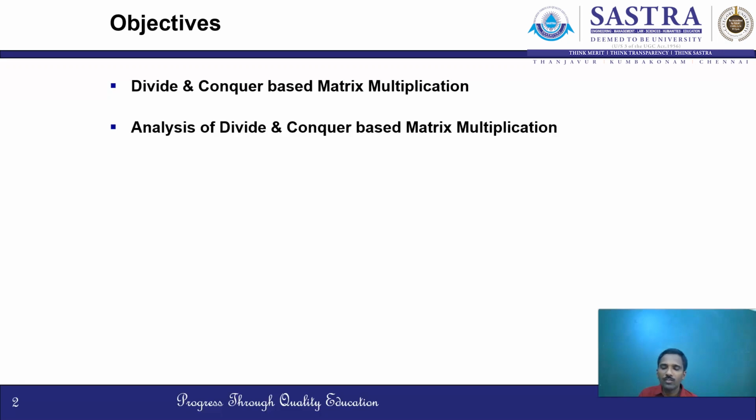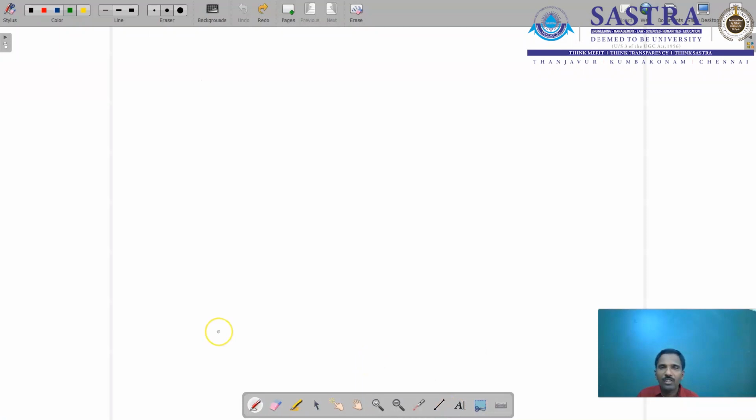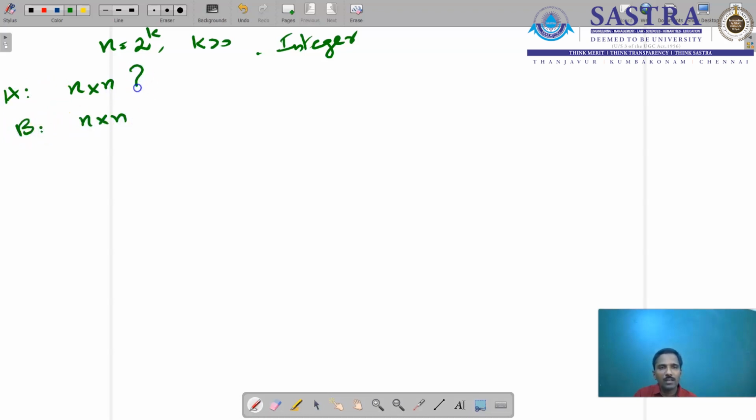So given two matrices A and B, which are of orders n by n, such that n is represented in this form: n is equal to 2 power k, where k is greater than 0, a positive integer. So A is of order n by n, capital B is also of the same order n by n.